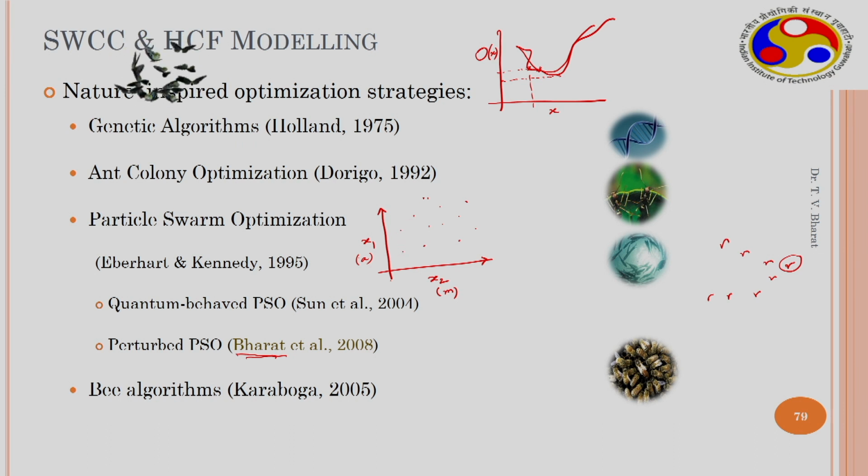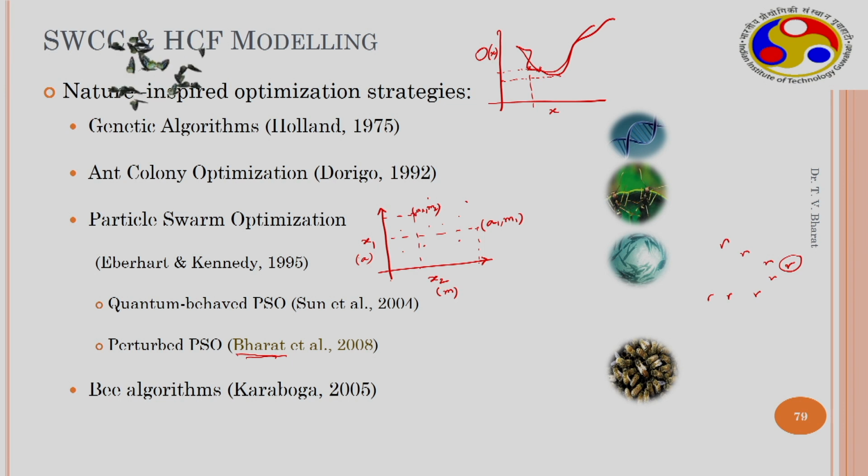Now a possible number of solutions are chosen in the search space, and each solution indicates a set of parameters: A1 and M1, and you choose another one, A2 and M2.